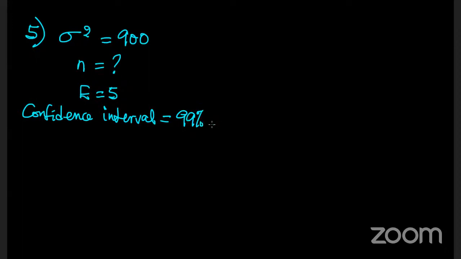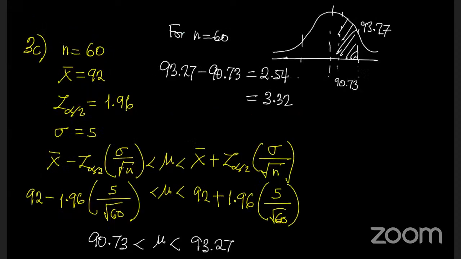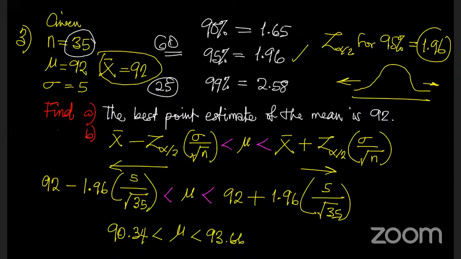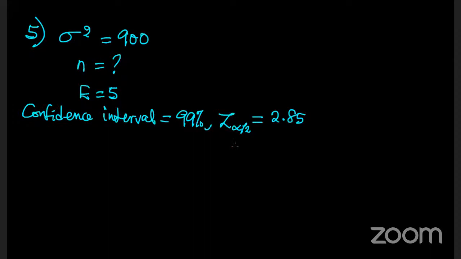And remember, for 99%, what's our Z score? Our Z score is 2.85. I think we wrote that earlier. Let's go back and check. It's somewhere here. No. Here. Okay, 2.58 rather. 2.58. So that's it.